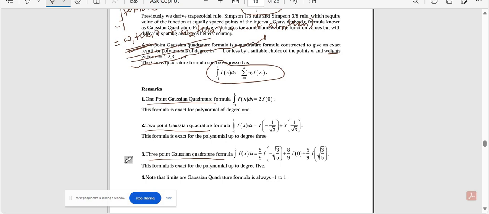Okay, everybody understand? Yes, sir. The 1-point Gaussian quadrature formula is the integral from -1 to 1 of f of x dx equal to 2 times the value of the function at 0, f of 0. So w is equal to 2 and x1 is equal to 0, and substituting that in the general formula, you get this first formula.